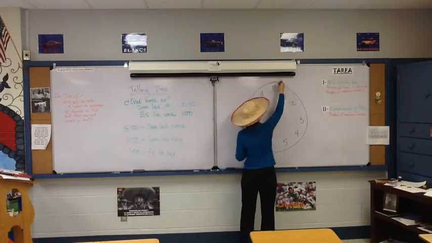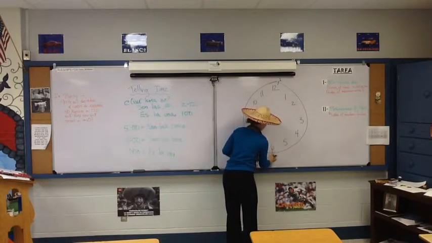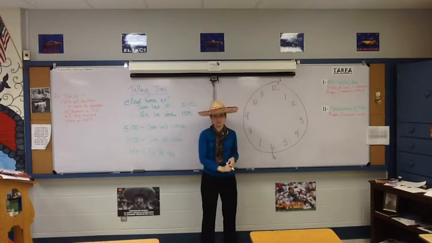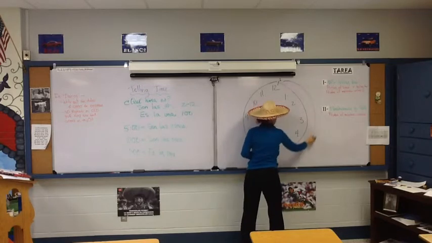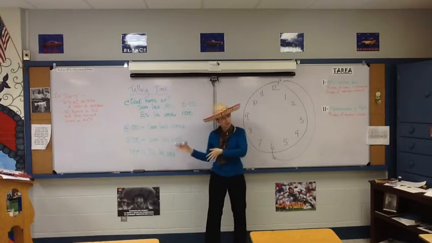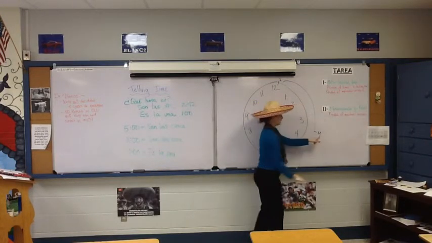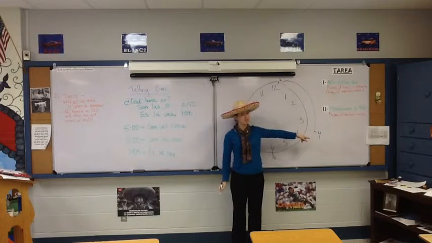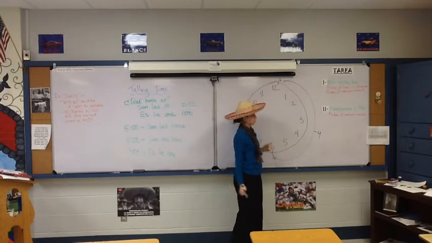If your minute number is between 1 and 30, all of those minutes will use the same method. So, you will say the hour, and then you're going to need to use the word y. We know that means and. We've used it before. Now we're using it to tell time.